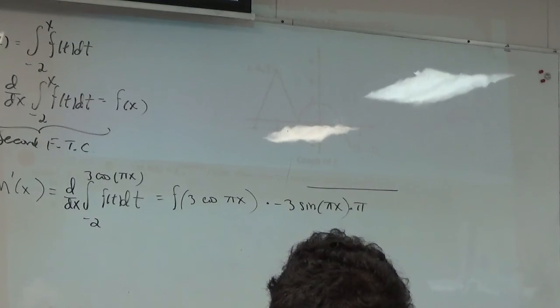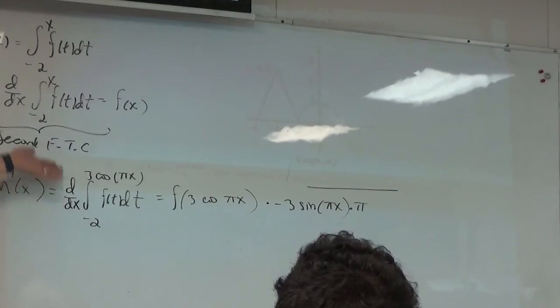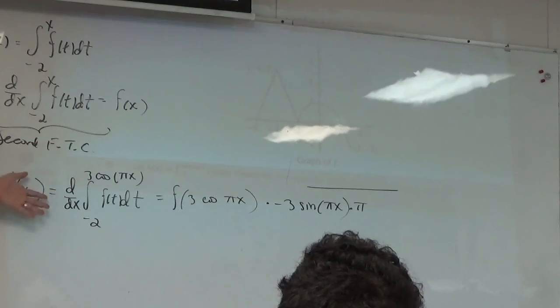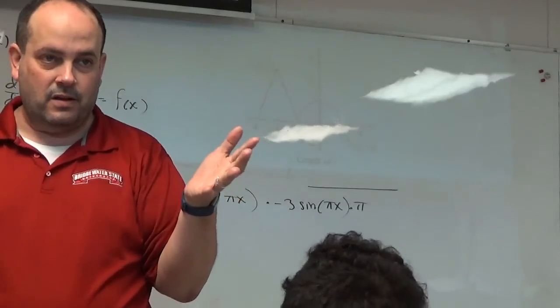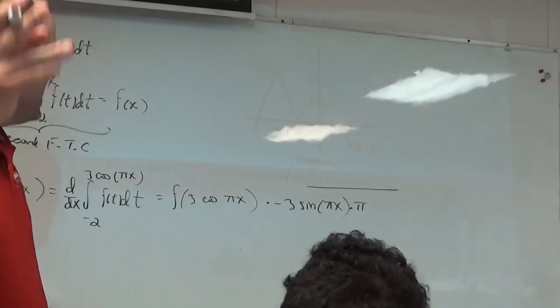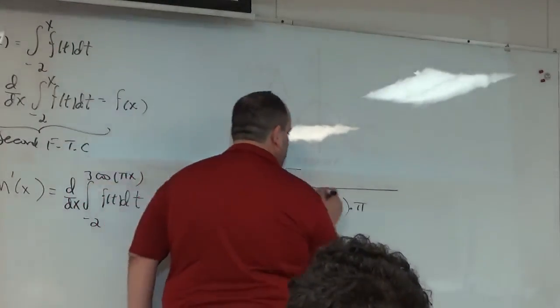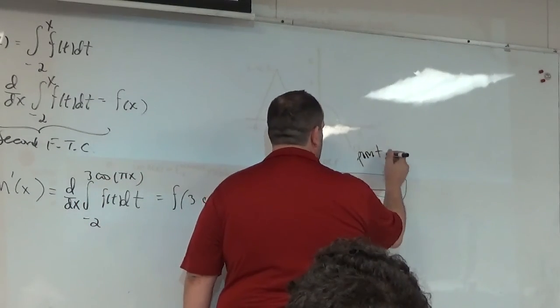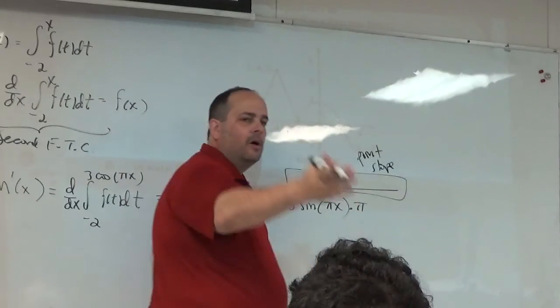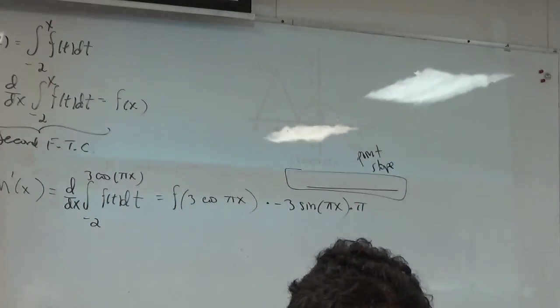Why are we even taking a derivative here? It asks about the equation of a tangent line, and you need a point and you need a slope. Well done. So this is going to give you the slope.